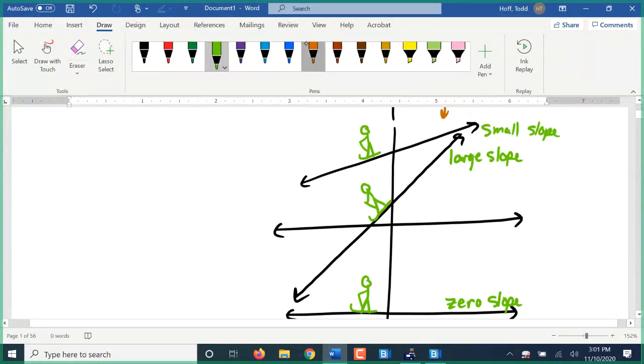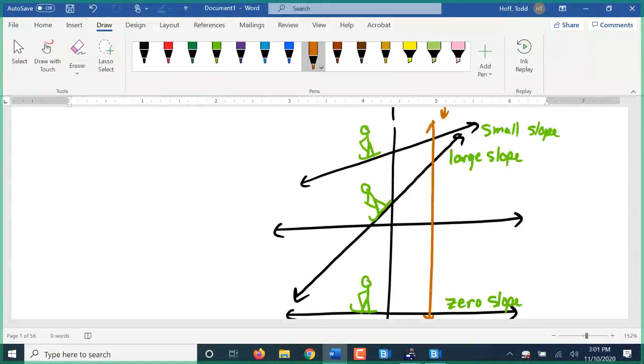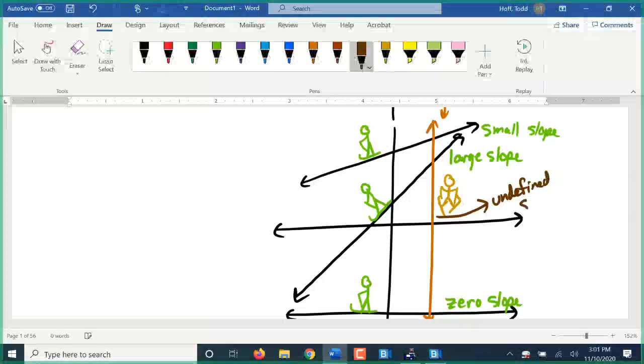And then, of course, if I have a hill that looks like this, and I try to ski down that, I no longer exist. I would cease to be defined.